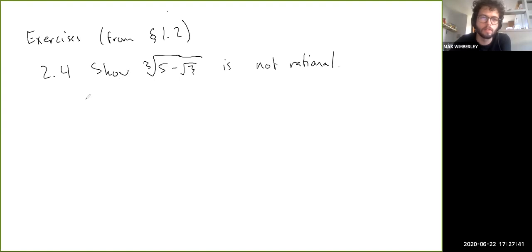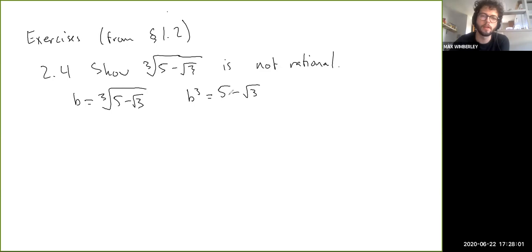for convenience set b equal to the cube root of 5 minus the square root of 3. Now you just undo the operations that are on this side, just like in algebra. So we would say b cubed is 5 minus the square root of 3.